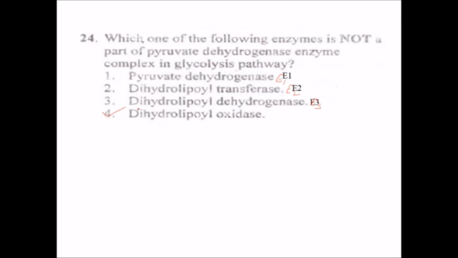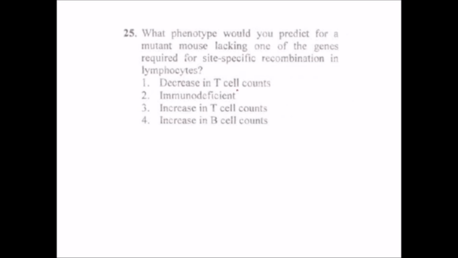Next question is, what phenotype would you predict for a mutant mouse lacking one of the genes required for site-specific recombination in lymphocytes? What does site-specific recombination do during immunity, when a body gets infected with a foreign antigen? There is a site-specific recombination of antibody genes.